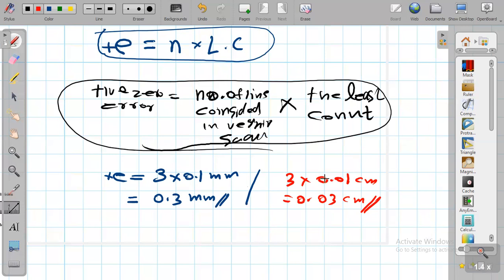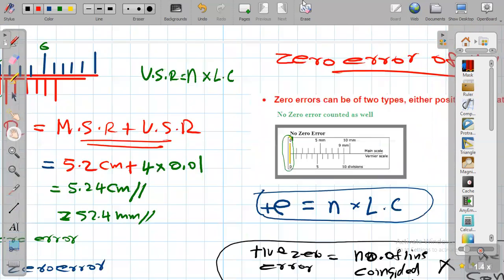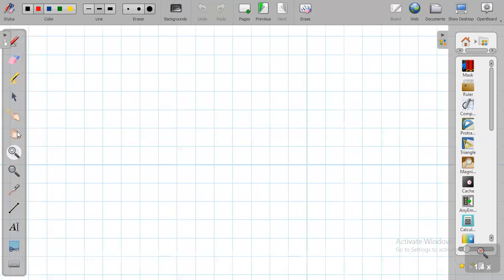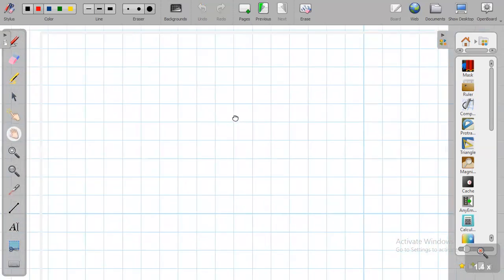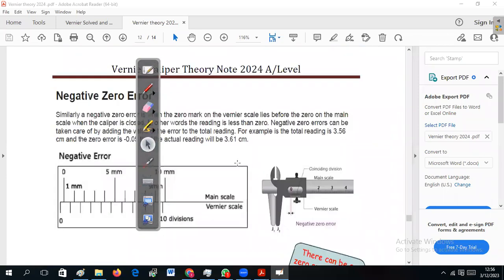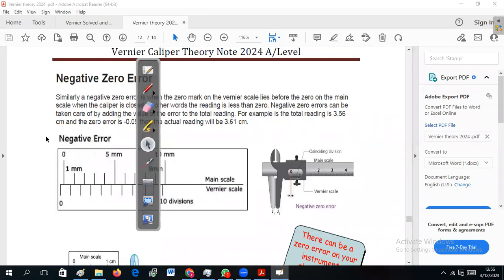Enough. I think time is enough for you. Now write the negative zero error.